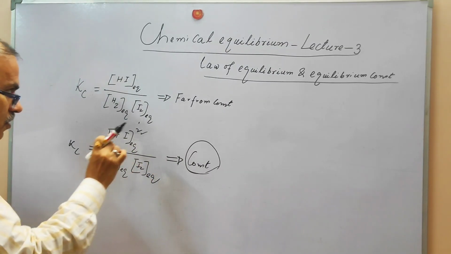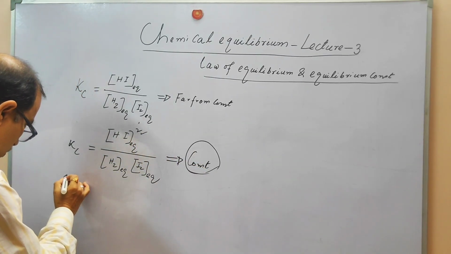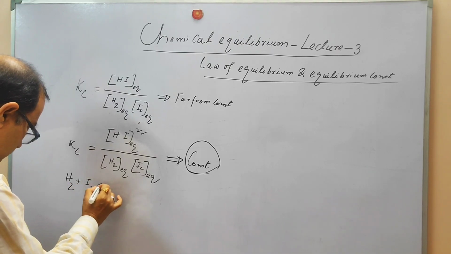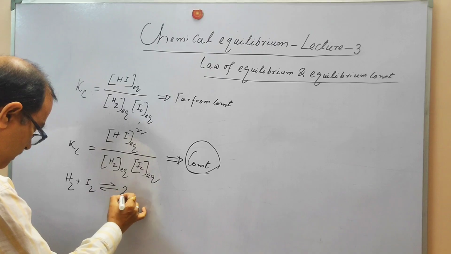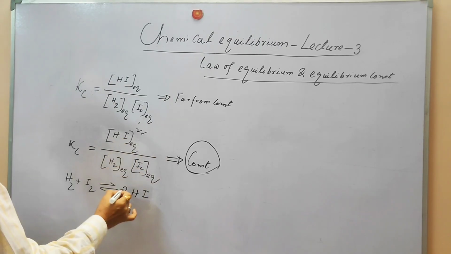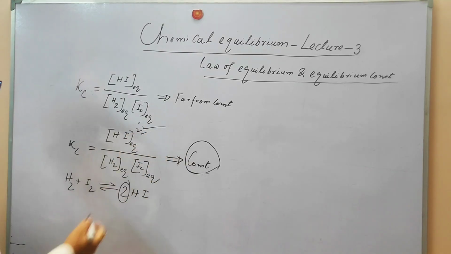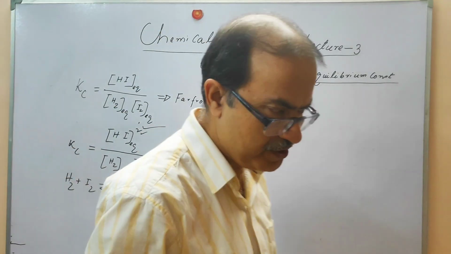And this comes from the balanced equation that we have already been acquainted with, that is 2HI. This is the stoichiometry coefficient of this balanced equation, and that is put here as the power of the concentration.